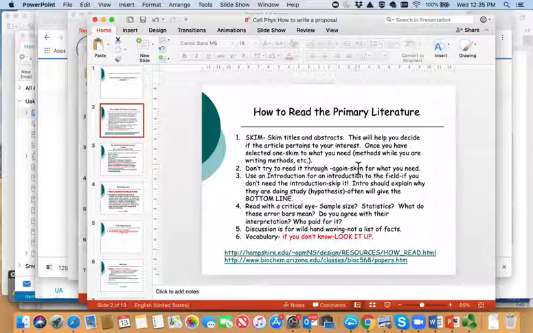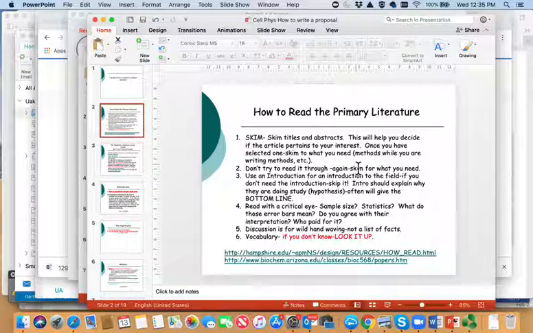Secondary literature would be like a review. So a review would be something where some prominent author in the field is summarizing recent results from a lot of different papers. And that can be really helpful when you're learning a topic, but it won't have any materials and methods in it, and it won't have results in it.